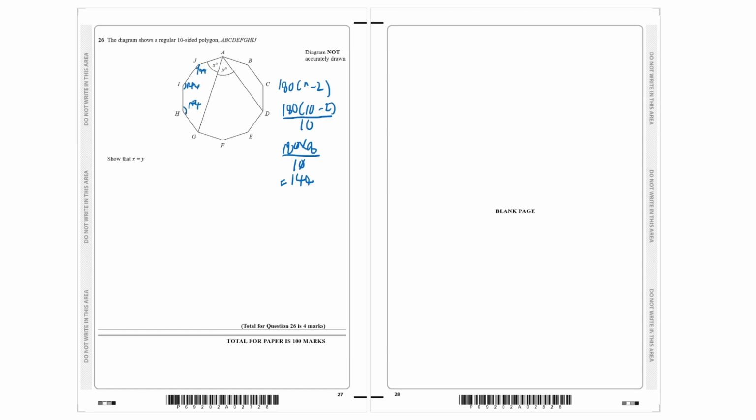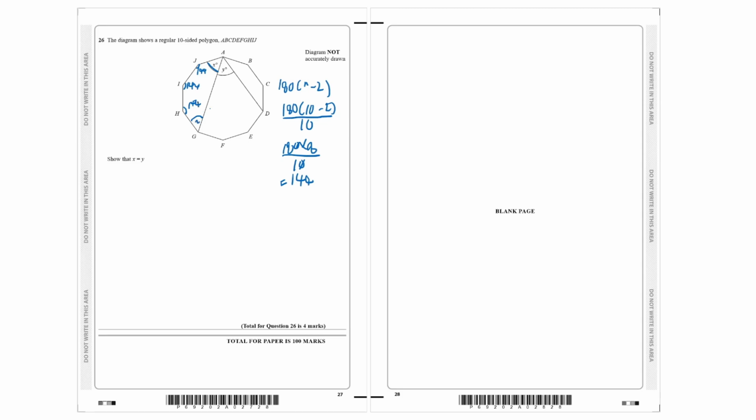Now, we can see that there is a line going between A and G making this distinct shape. That also means that angle x here is also equal to angle x here. Now, we can then use the formula once again to find out what x is.